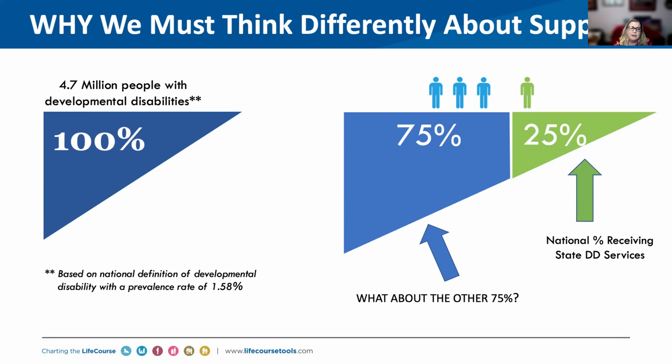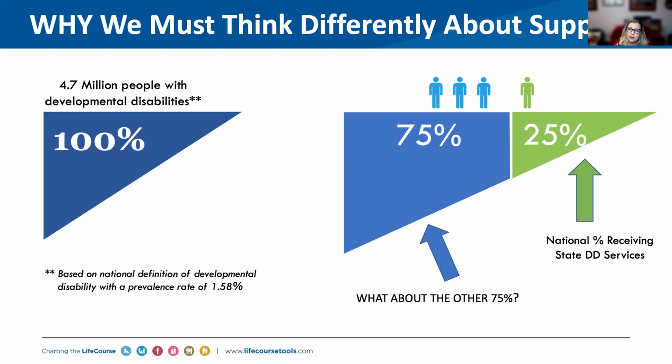And so if we think about that as our 100% of people with developmental disabilities, now, if you look at the figure on the right, and this is surprising to some people, we've split the triangle into two parts. And the 25% that you see in the green is the percentage of people with intellectual and developmental disabilities and their families who receive paid services through the DD system.